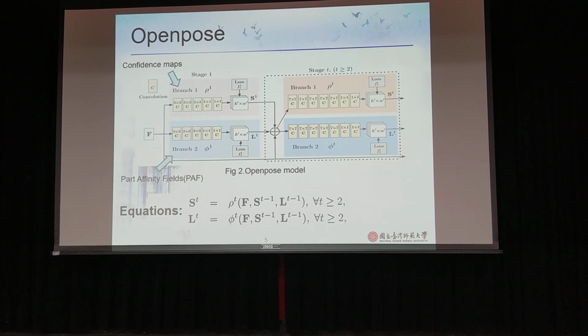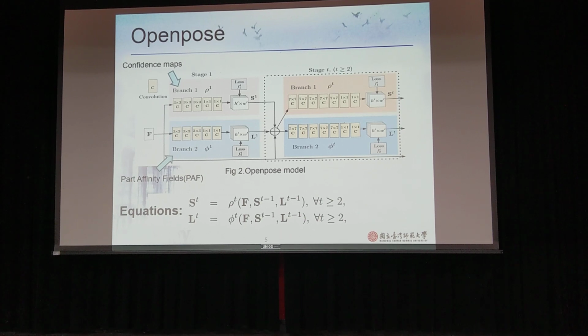Let's first take a look at the model of OpenPose. The model iteratively improves the accuracy of predicted joints and links through multiple stages. In the figure, F represents the input of the first stage, which consists of image features extracted after passing the image through the first 10 layers of the VGG19 model.